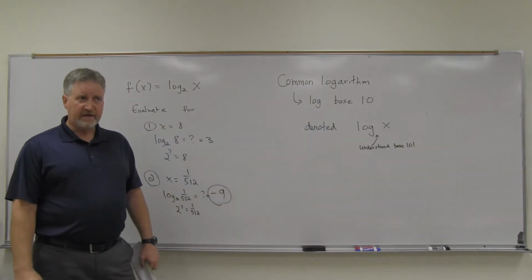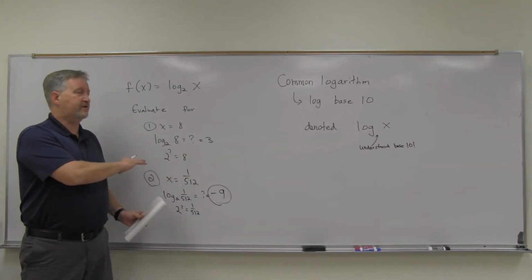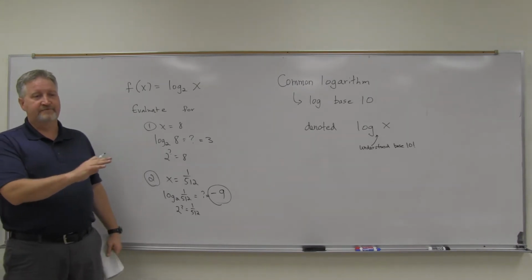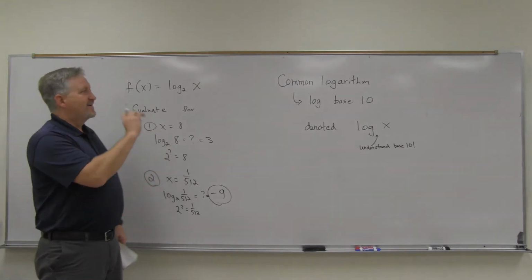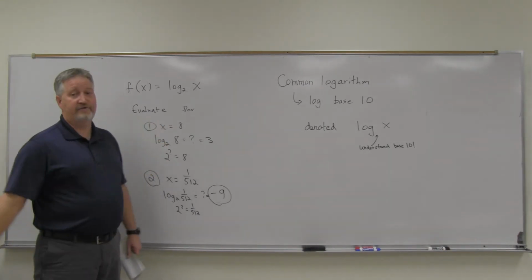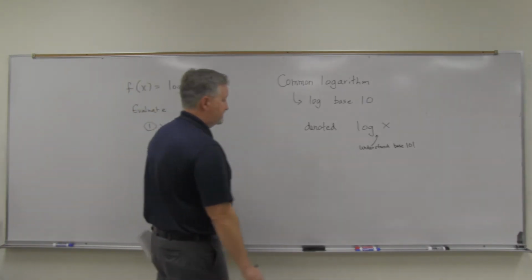The nice thing about the common logarithm is that most calculators don't have a base 2 logarithm, but most scientific calculators have the common logarithm as one of the functions.